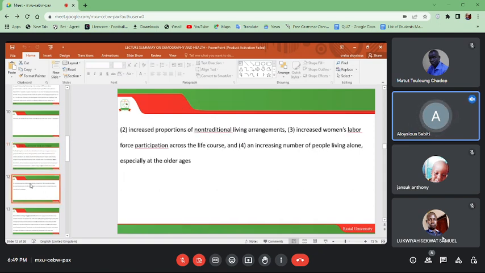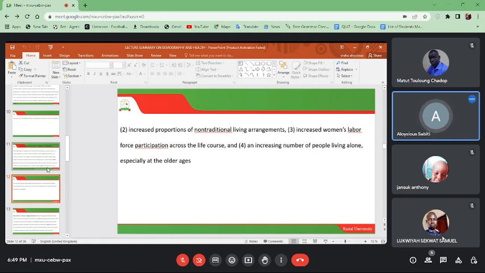Another second trend that we're seeing today is an increase in the proportion of non-traditional living arrangements. Unlike our traditional knowledge that it is marriage, ours has shifted to non-traditional. Three is increased women's labor force participation across the life course. If you understand our traditional norms and roles of men and women, you realize in our traditional setting that women were less involved in looking for or providing for the family.